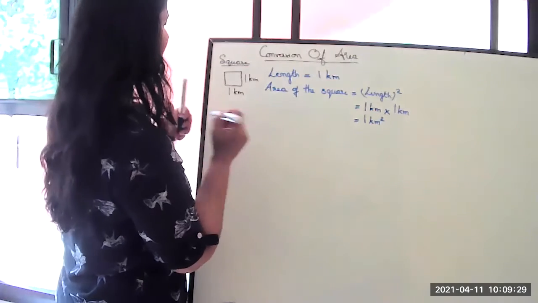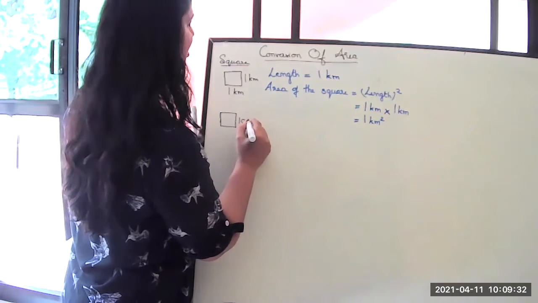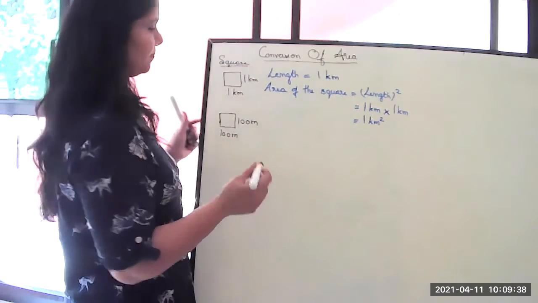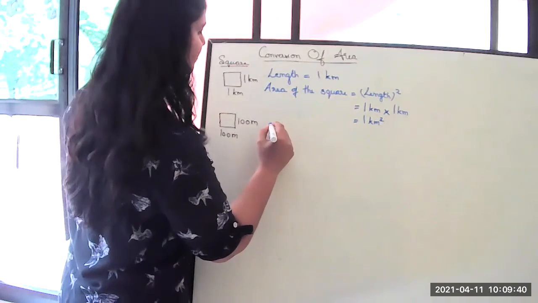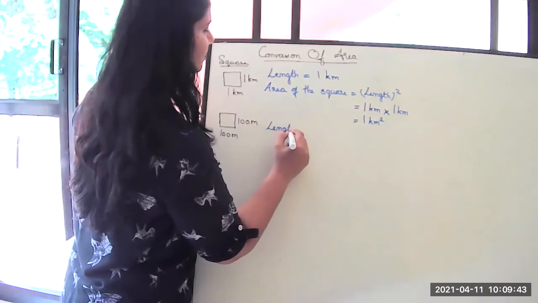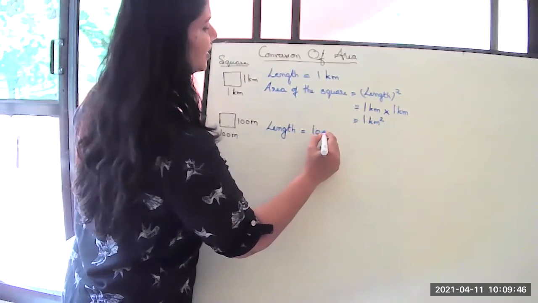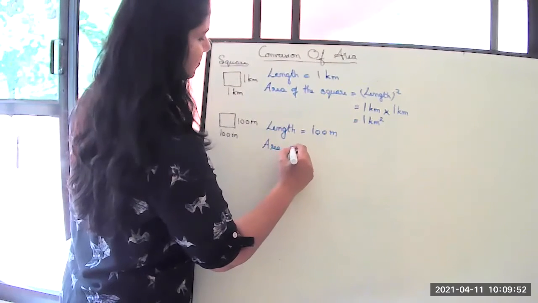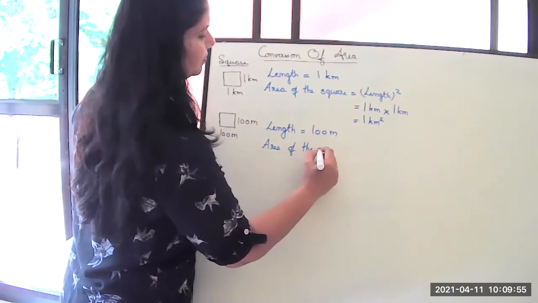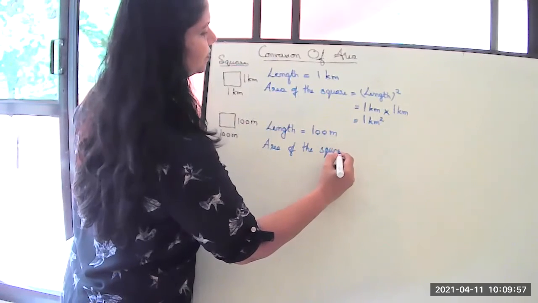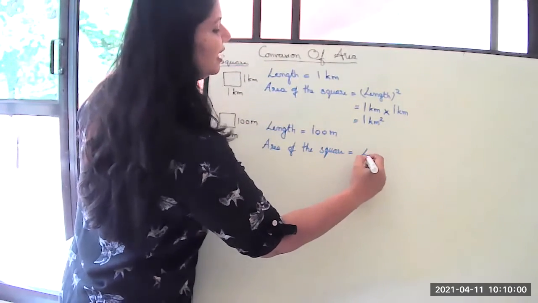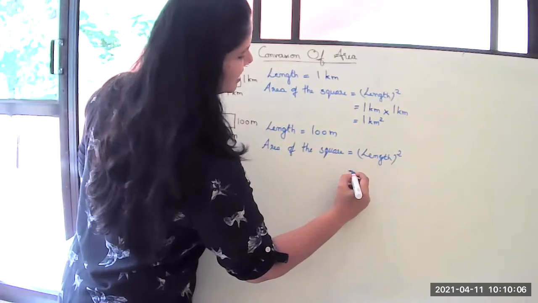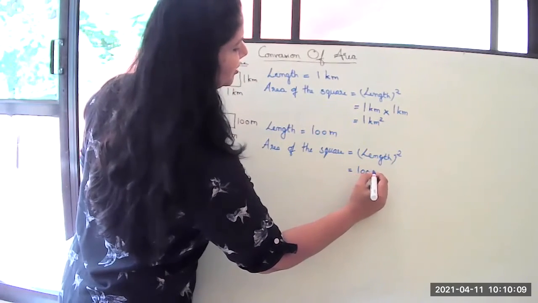Next square, I am taking it as 100 meter. 1 kilometer is equal to 100 meters. So what is the length here? 100 meter. So area of the square is length, the whole square. That is equal to 100 meter.